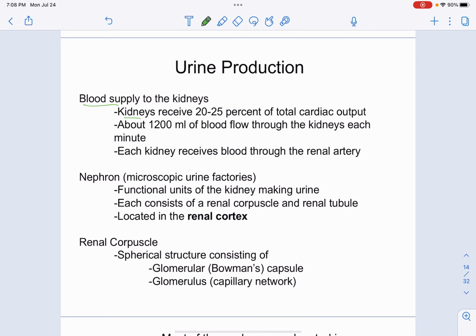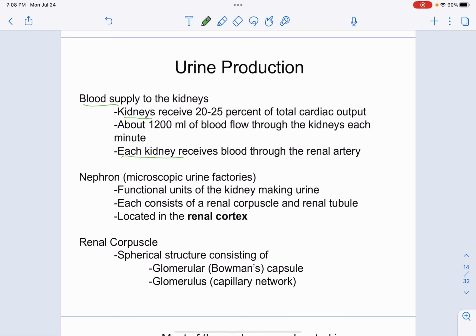So basically what's happening is that the kidneys are receiving a lot of blood. 20 to 25% of our total cardiac output is reaching the kidneys. That is 1,200 milliliters of blood each minute. Imagine that, if you will. That's how much blood is being filtered to eliminate waste out of the bloodstream.